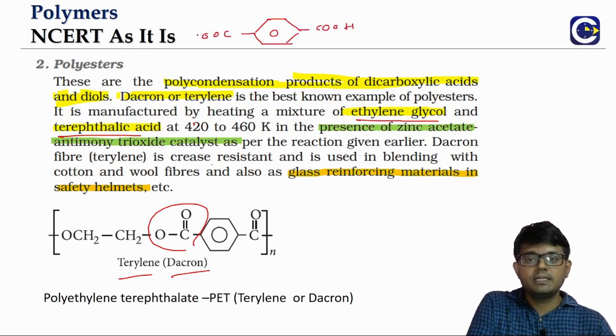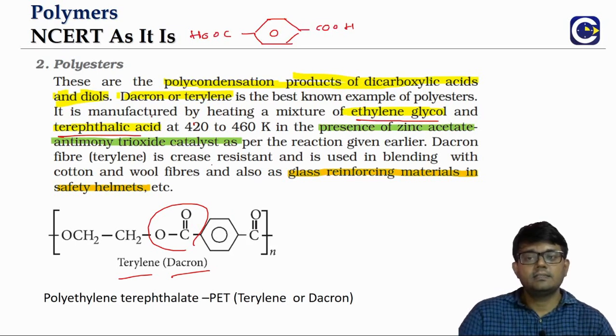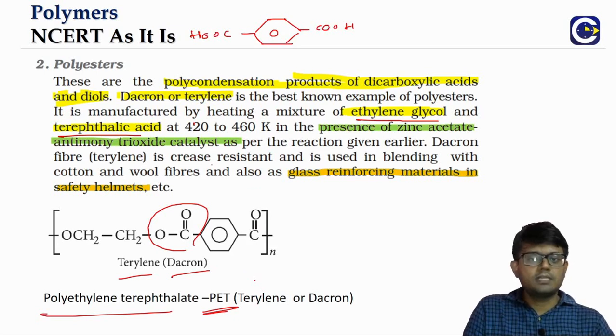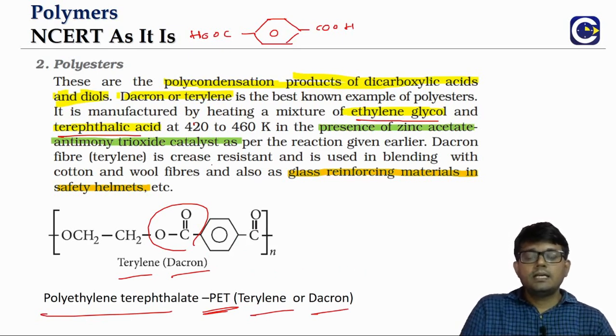That is the terephthalic acid. The condensation will give us the polyethylene terephthalate. That's why we can also call it PET. The PET bottles that you see are made up of polyethylene terephthalate. Commercially we can also call it Terylene or Dacron.